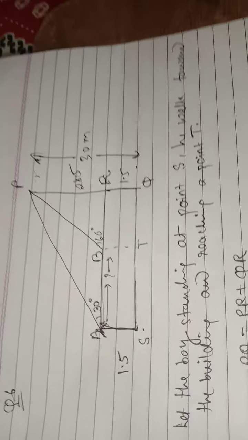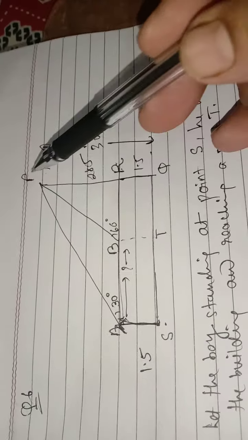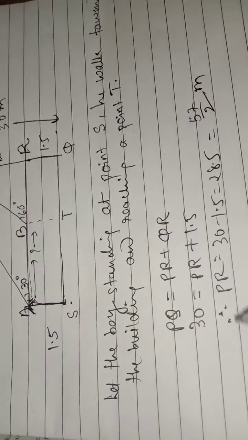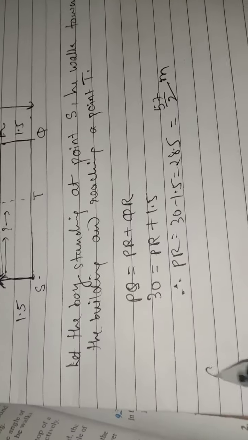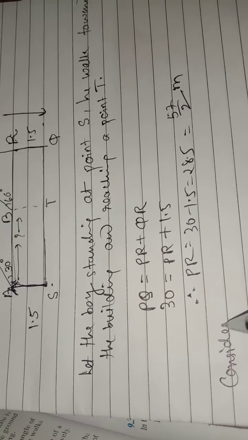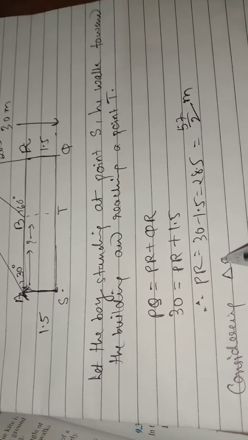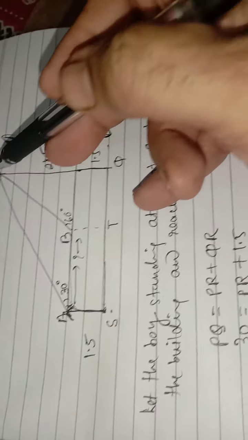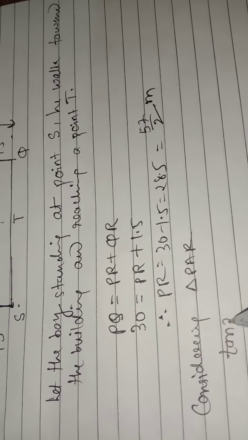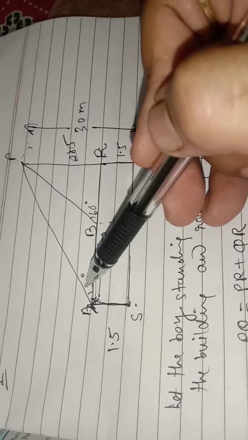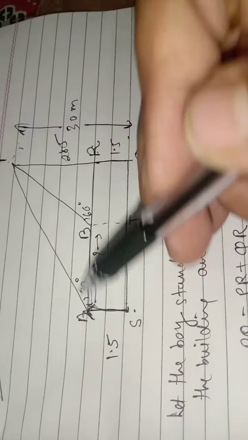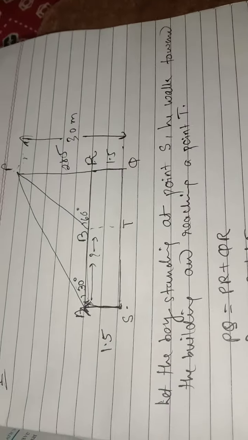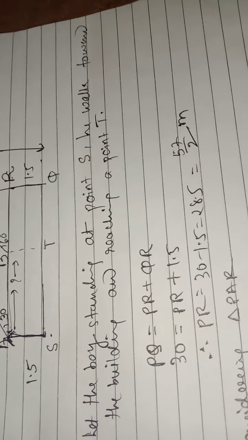Let's select the triangles quickly. First we'll take triangle PAR. Considering triangle PAR, can you see PAR here? We'll go for tan 30. Tan 30 is opposite upon adjacent, so it will be PR upon AR.